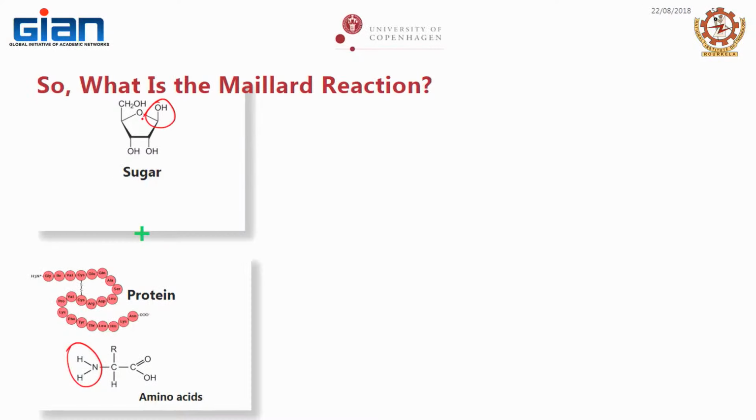Now I'll show you a little bit of the chemistry, what is exactly happening in the Maillard reaction. Almost every food contains proteins, not all, almost. Almost every food contains sugar, carbohydrates. There are some sugars called reducing sugars, which contain reducing ends. When they come together, the protein has an amino group and the sugar has this reducing end over here.